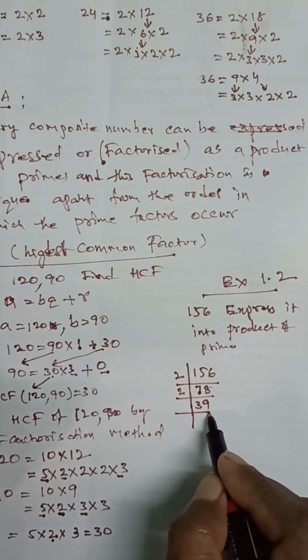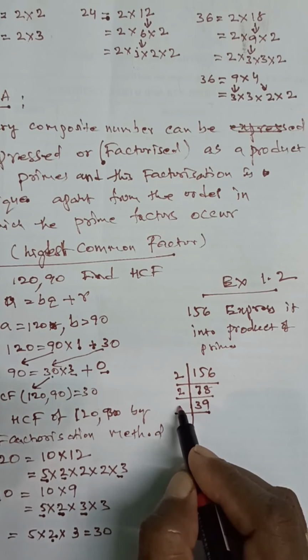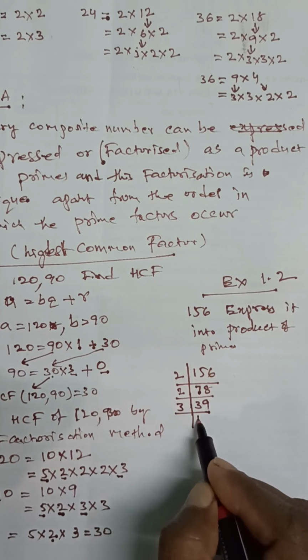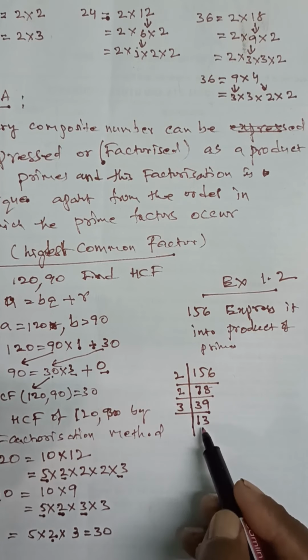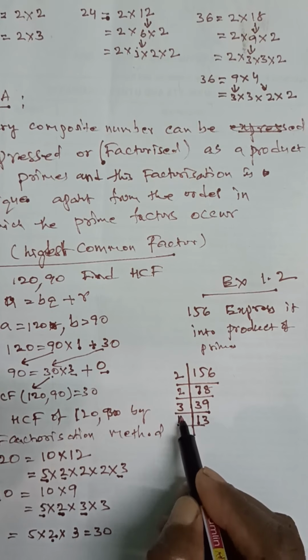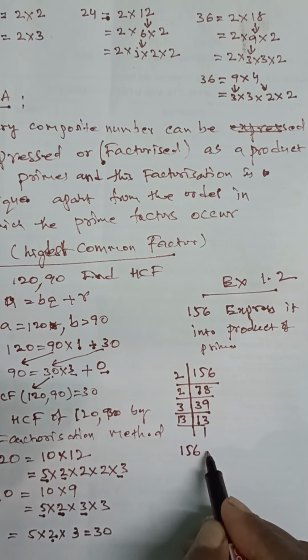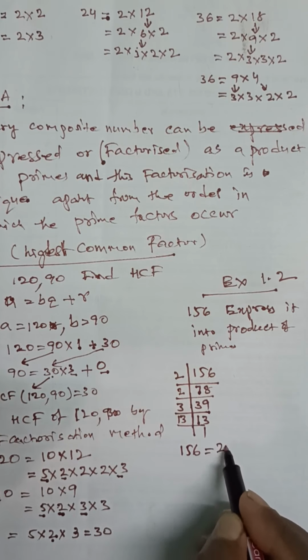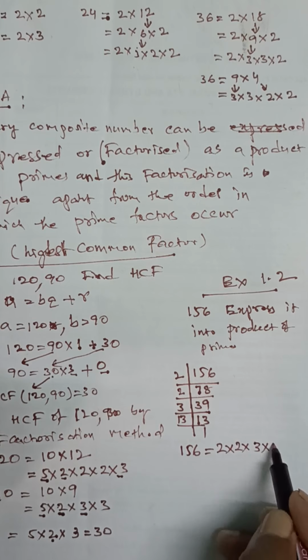Now the last digit of this 39 is 9, so it can be divided by 3. 3 ones are 3, 3 threes are 9. Here 13 is a prime number, 13 ones are 13. So 156 can be written as 2 into 2 into 3 into 13.